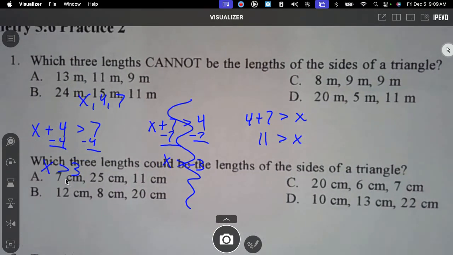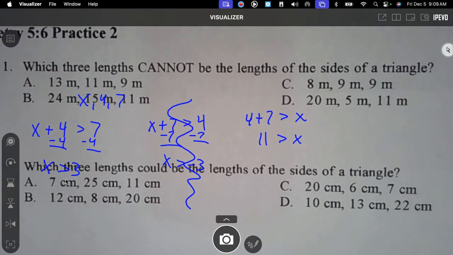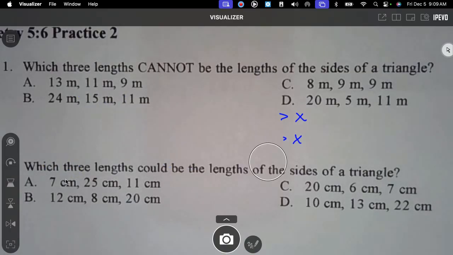Your number 1 and 2 look like this. They're asking 2 different questions. I'm not doing these for you. I'm just explaining it. Number 1 says, which one of these doesn't work? So you'll go through and add, right? And see, one of those answers doesn't work. Big hint, just look at the smallest 2 numbers in each of them, and you'll find out quick which one doesn't add to be bigger.